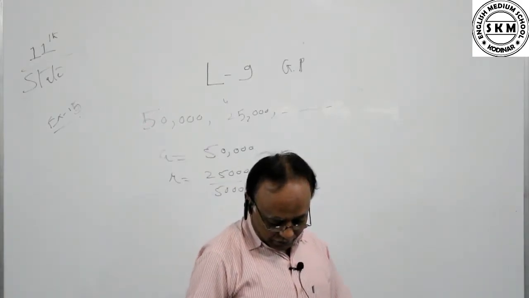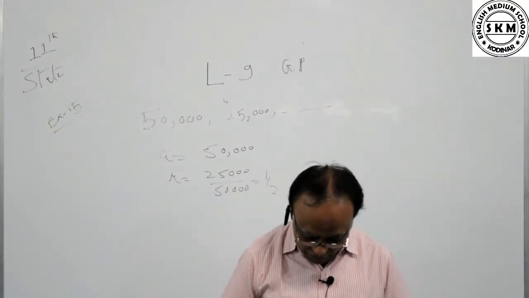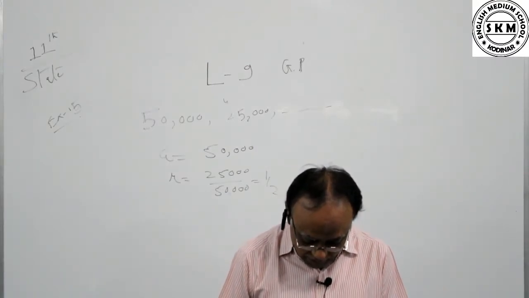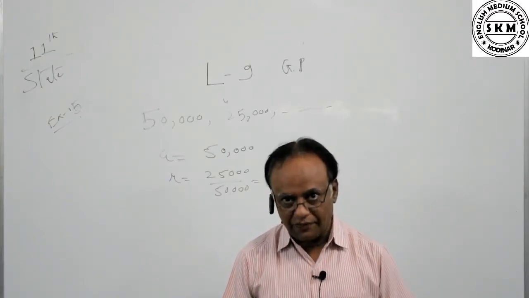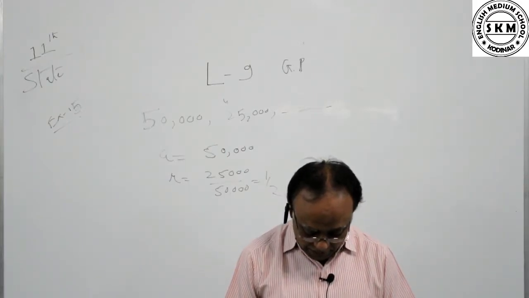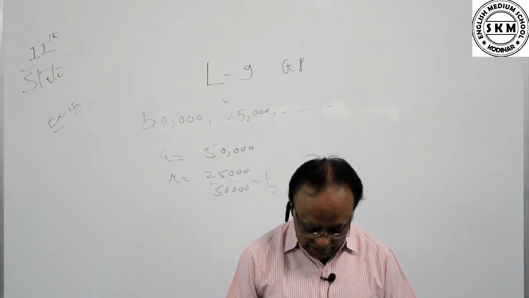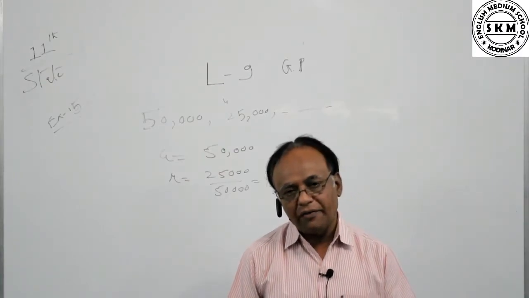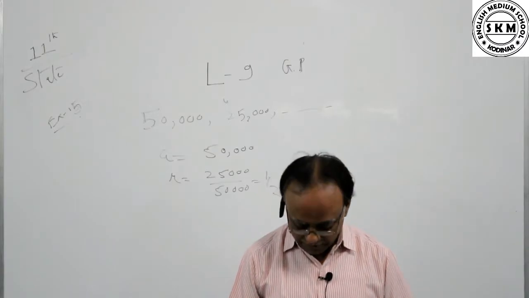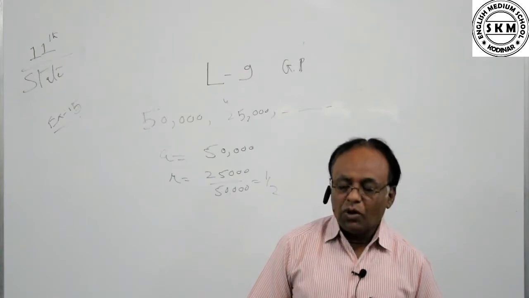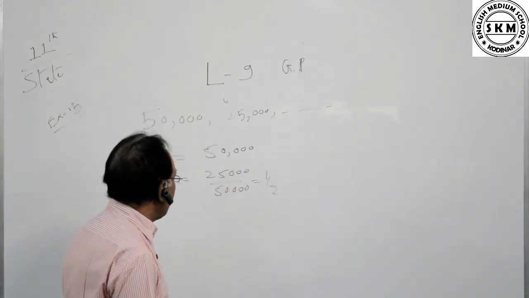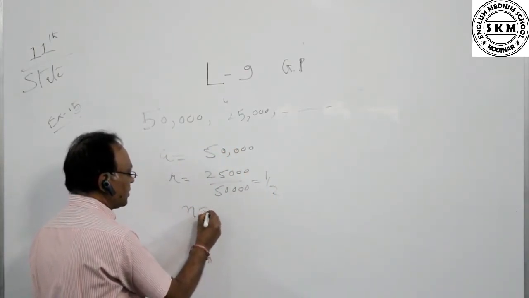And the question here is, what will be the level of the water after 5 weeks? After 5 weeks we can take n as 5 plus 1, it is 6. So n is equal to 6.